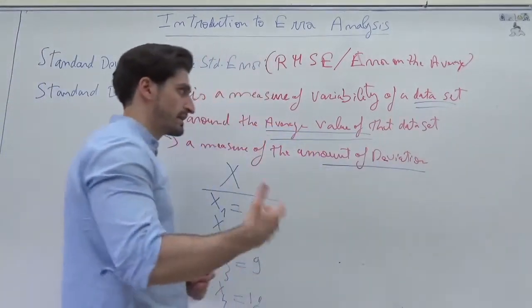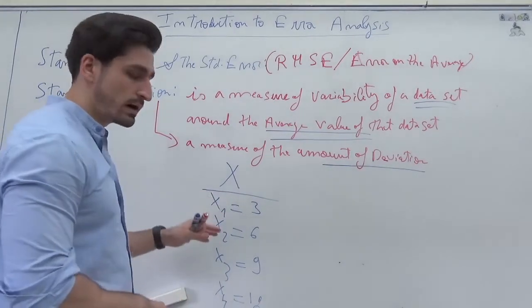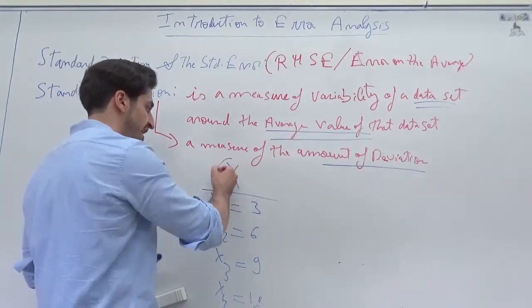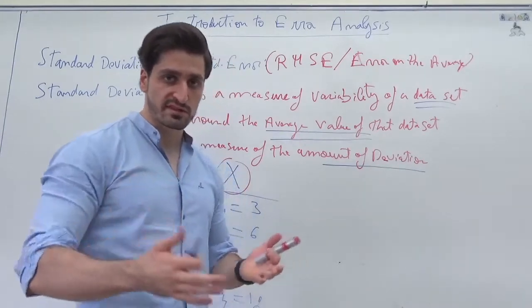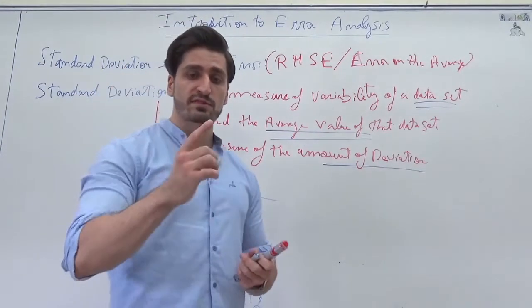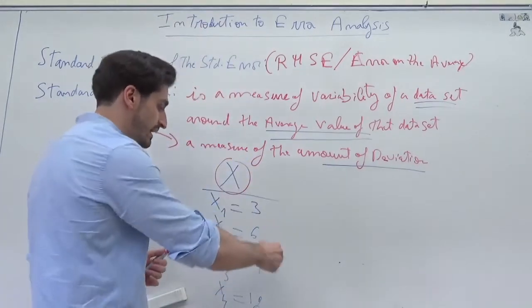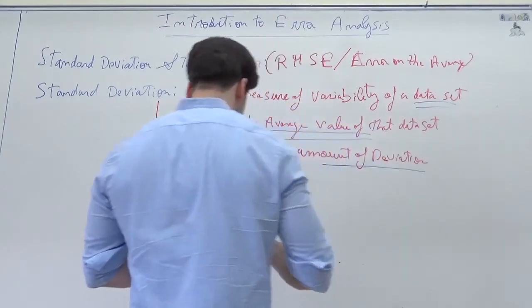So over here we have the term data set. What do we understand by data set? Here we have several measurements that can all be attributed to the same physical quantity, which is x. Whenever you have a set of measurements or a set of numbers that can be attributed to one physical quantity, that entire collection of data can be referred to as a data set.